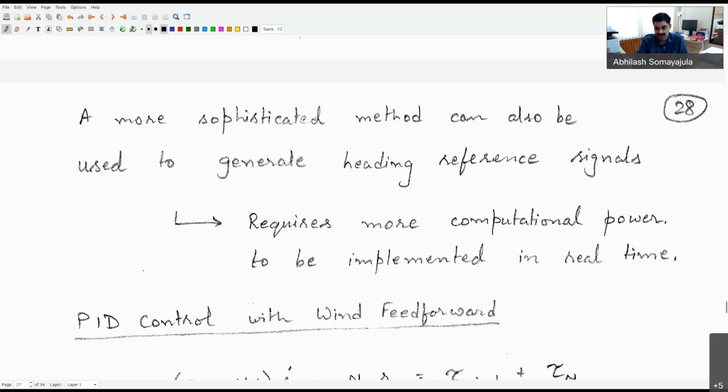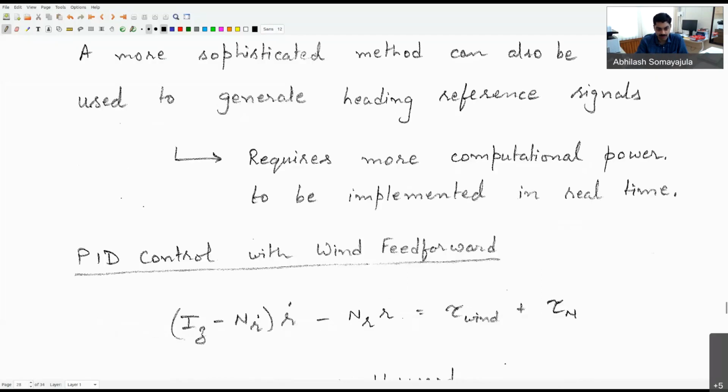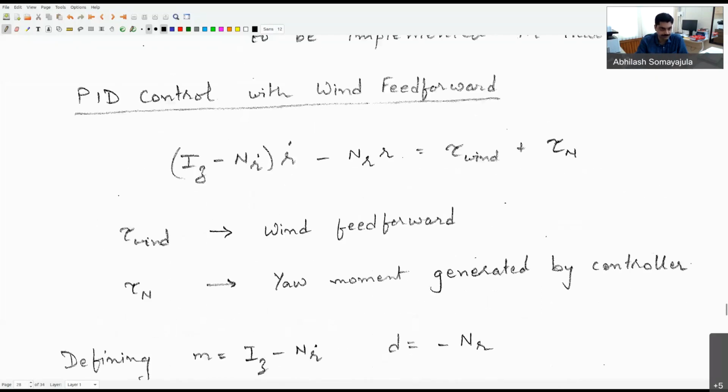So far we are looking at the heading autopilot only. Therefore, a good reference signal for the autopilot can be a third order system. But if you want to do position tracking, where you have certain waypoints and you have to make sure that your vehicle follows the path between the waypoints, then you have to start wondering about a better guidance algorithm rather than a simple heading control algorithm. And we'll see that also today as to where that is tying into the picture.